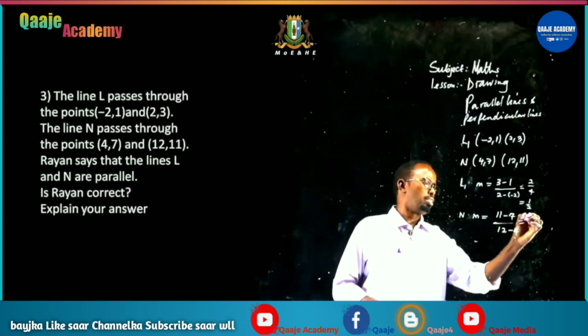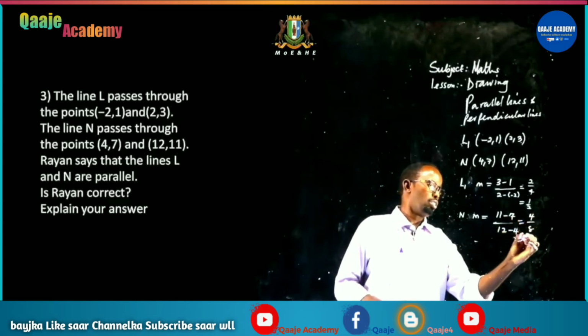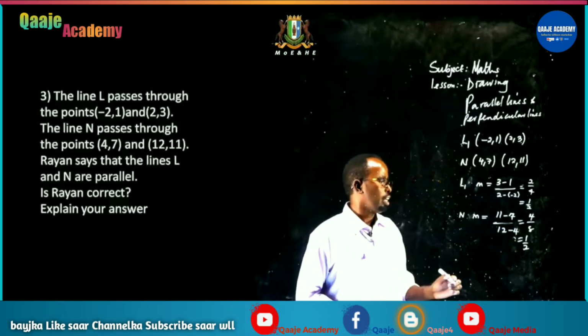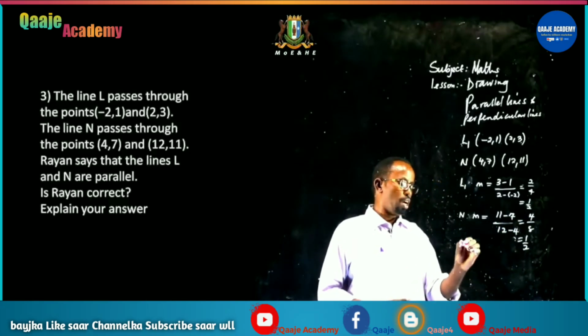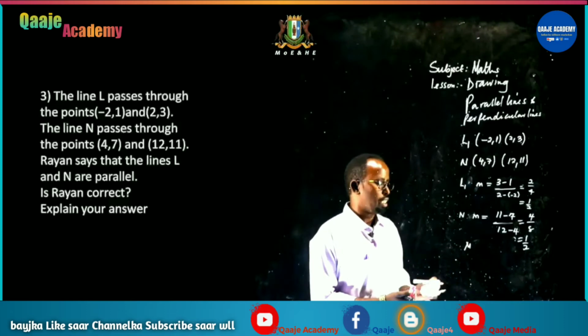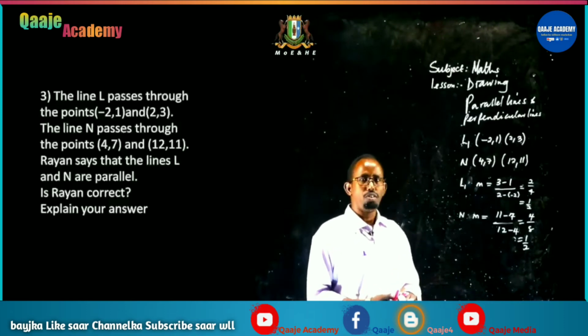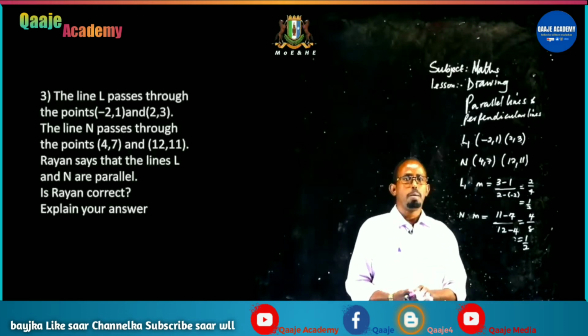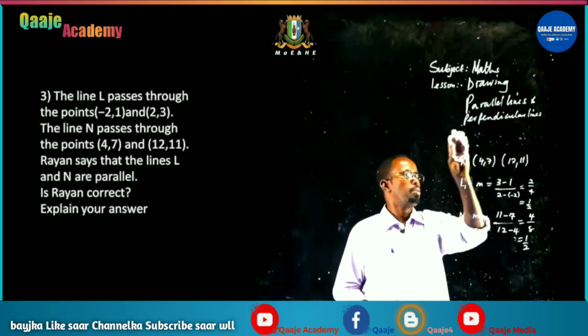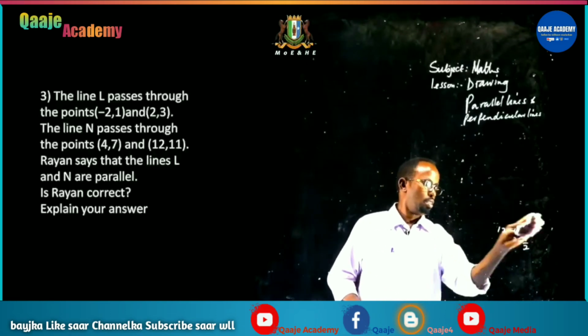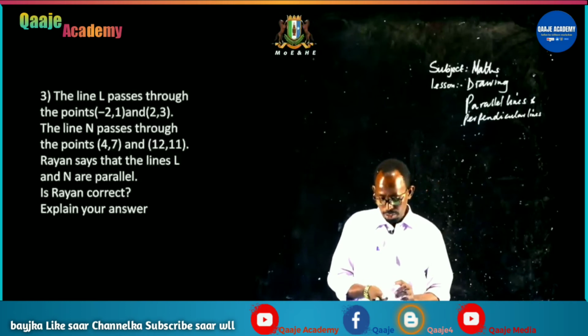You get 4 over 8. This one is also half. So the two lines have equal gradients, m1 and m2. Therefore, the two lines are parallel.